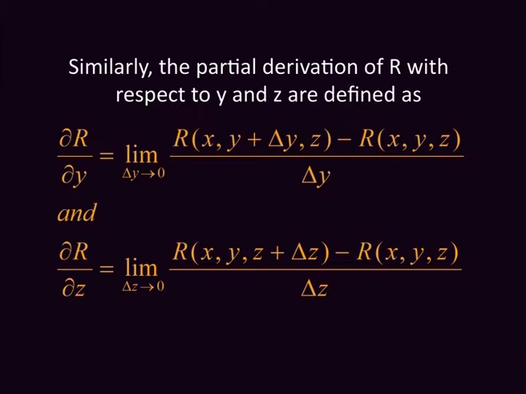Similarly, del r over del z is equal to limit delta z tends to 0 of r(x, y, z plus delta z) minus r(x, y, z) divided by delta z. Here we are differentiating with respect to z, so z is the variable that changes, x and y are kept constant.